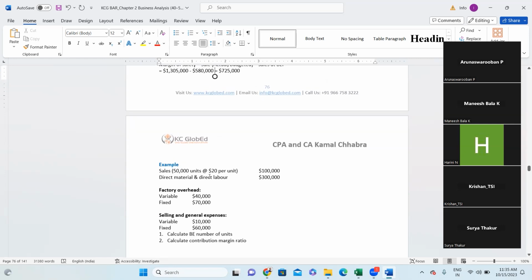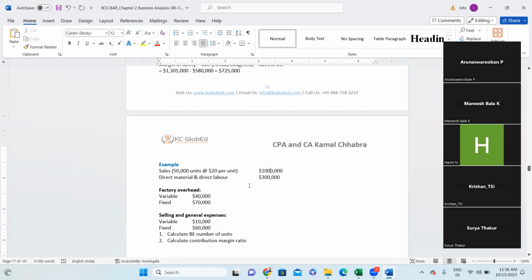Okay, next question. Sales is 50,000 units at the rate of $20 per unit. That is 1 million, because the cost is coming to 300.